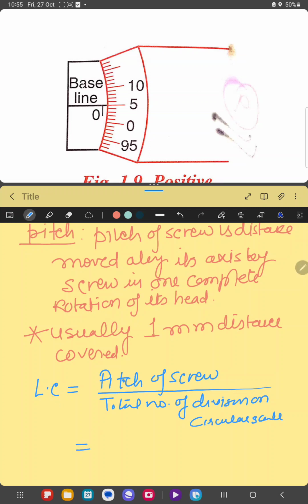Usually the pitch is 1 mm, divided by the total number of divisions on the circular scale, which is 100. So it comes out to be 0.01 mm, or 0.001 centimeter. So this is the pitch and least count of a screw gauge.